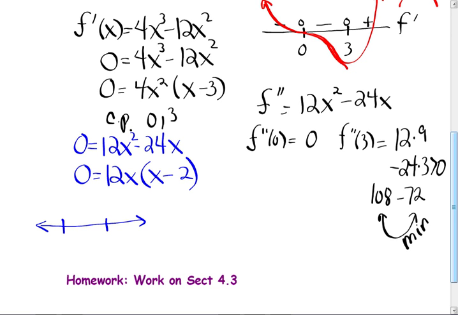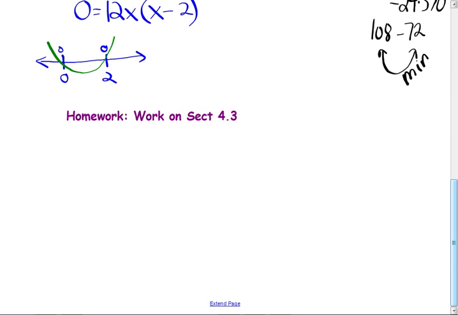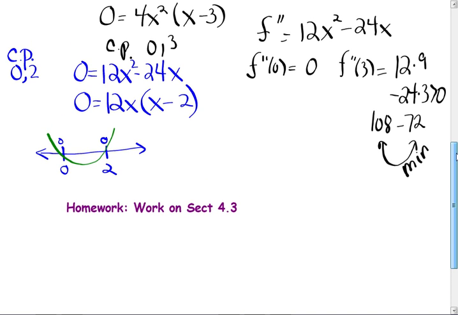Where are the critical points? Okay, now you test. I know that that's a parabola, so I know what it looks like. It will look like this. So I always know that, which is nice. Because it's 12x squared minus 24x. That's a parabola.